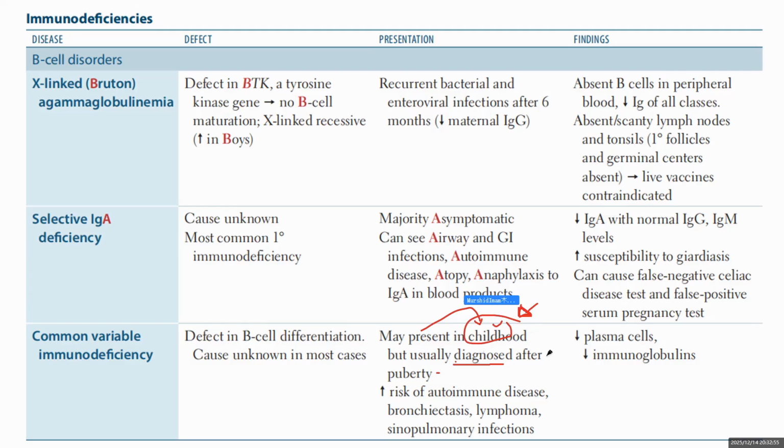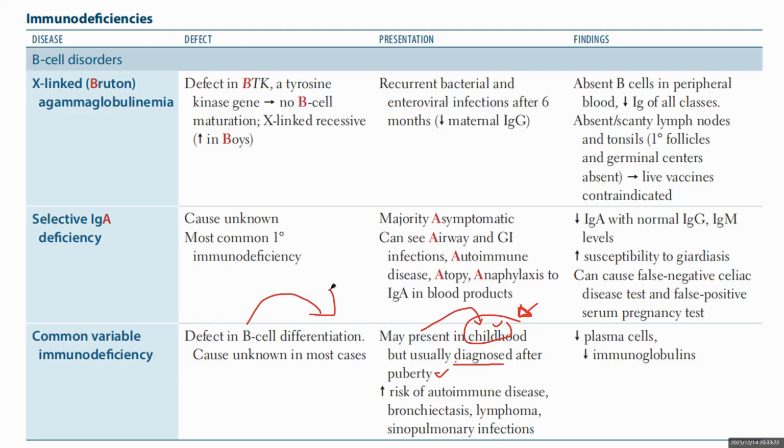But as we become adults, the immune system needs to get stronger, and they need more soldiers to fight. At that time, when we observe that the immune system is weakened and we do the tests, we find that the B cells are not differentiating into plasma cells, all right?